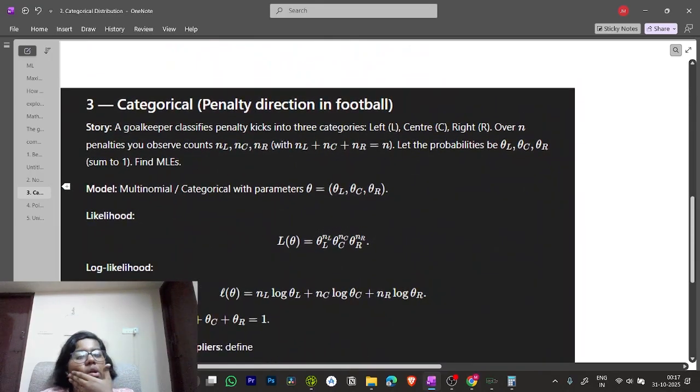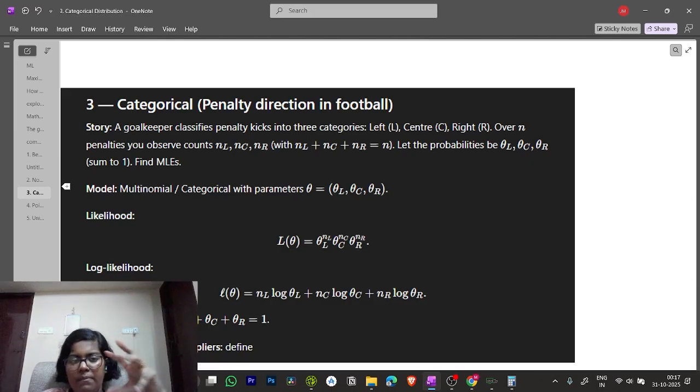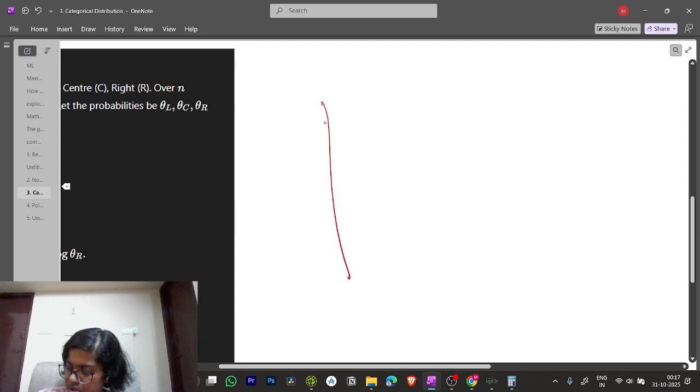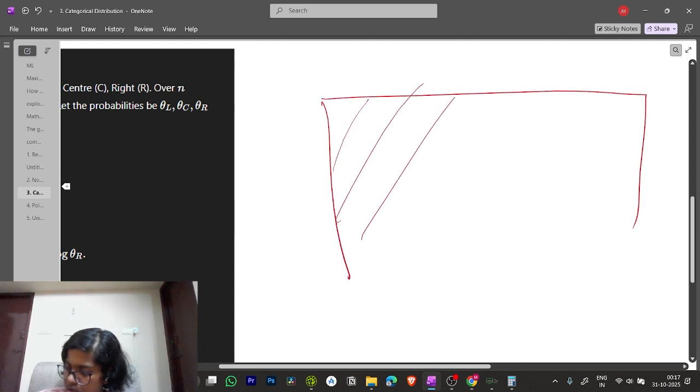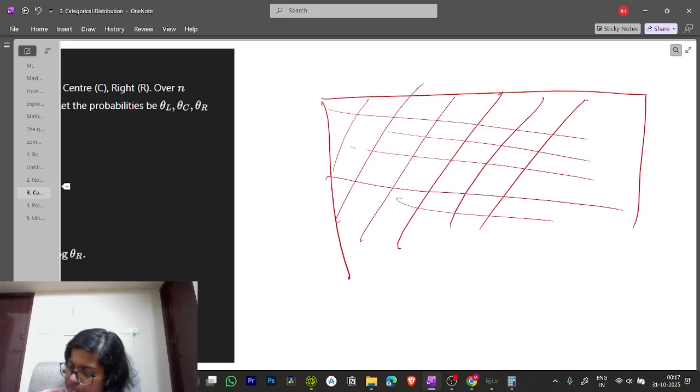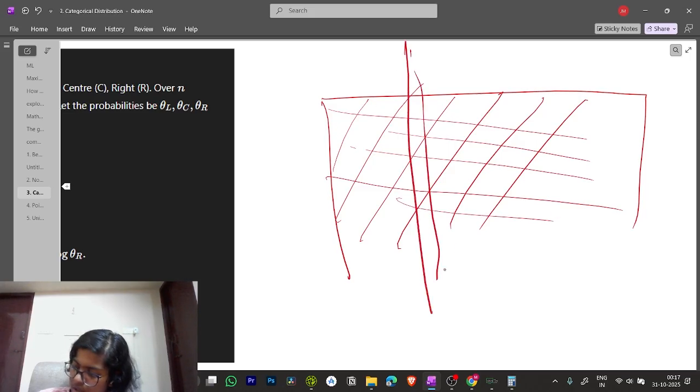Now we are going to find the derivation for MLE for a categorical distribution. Think of it as classifying penalty kicks into 3 categories: left, right, and center. If this is the goalpost, I'm cutting it into 3.